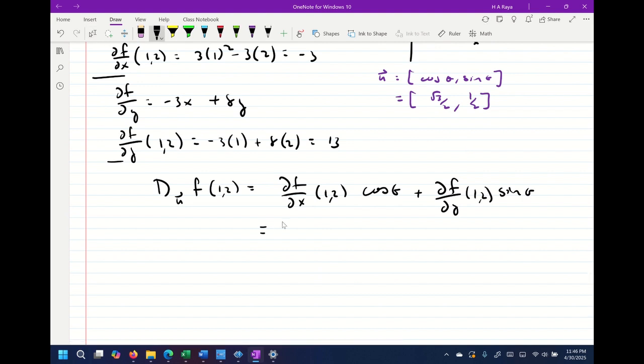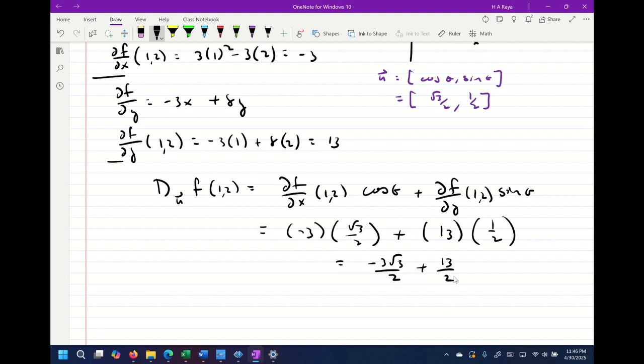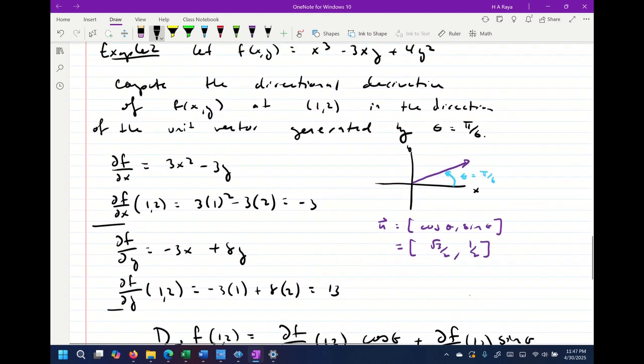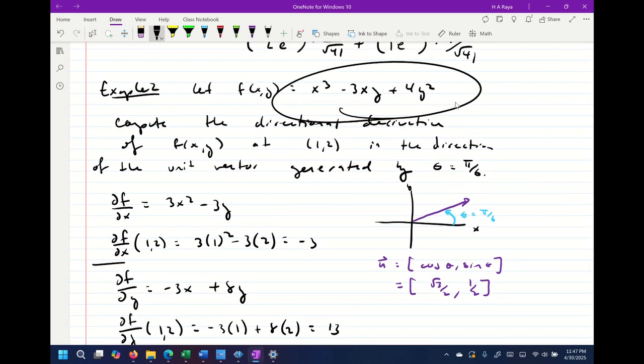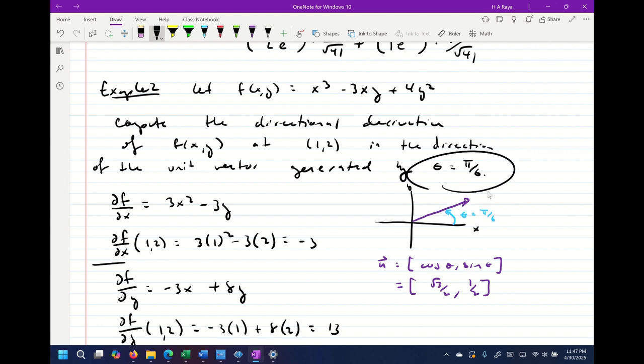So this would give you negative 3 times the cosine of theta, radical 3 over 2, plus 13 times 1/2. Cleaning this up, you get negative 3 rad 3 over 2 plus 13 over 2. So again, this is a real number. This is giving you a sense of whether you're going up or down and how much you're going up or down when you traverse the surface of this curve in the direction of pi over 6 units.